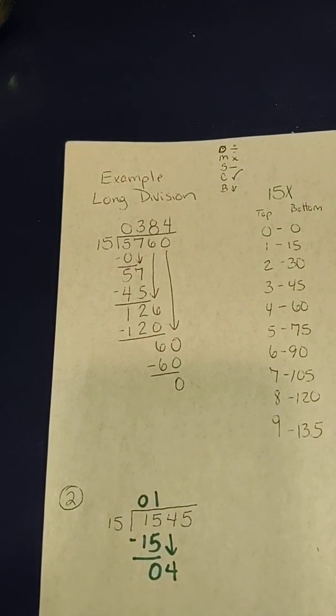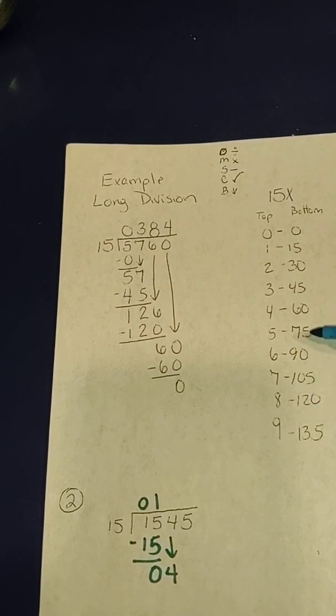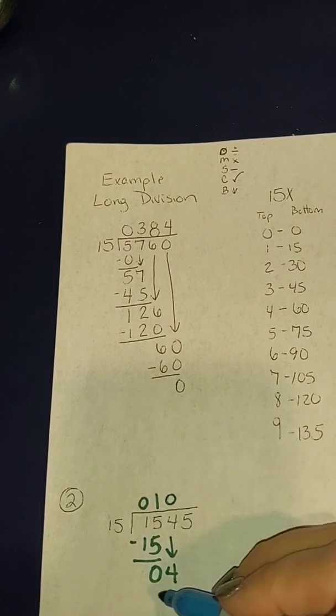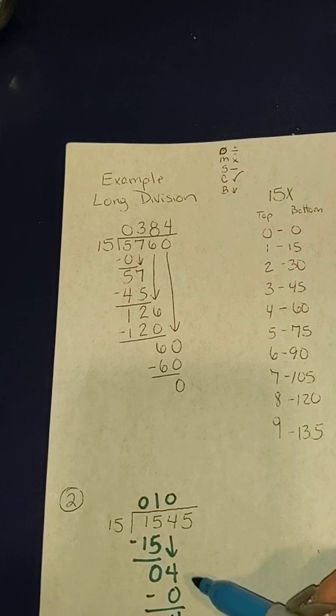A lot of people have problems with this one, but you're still just going to look. Which one is equal to or less than 4? Well, 0 is. So it would be 0, 0, subtract. 4 is less than 15. Bring down.